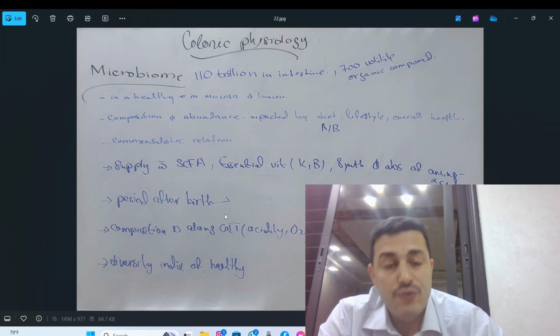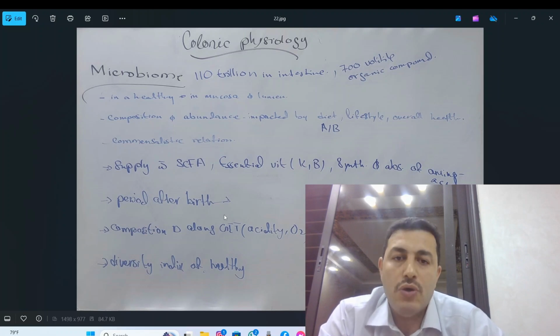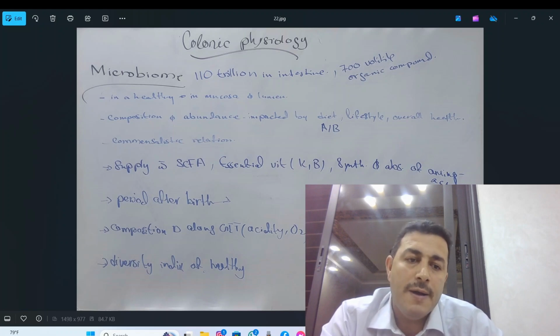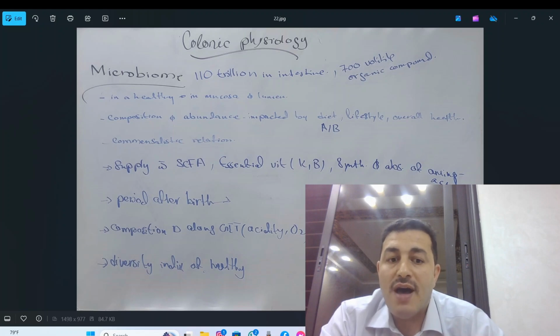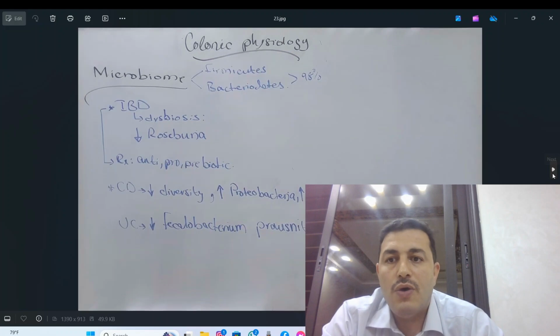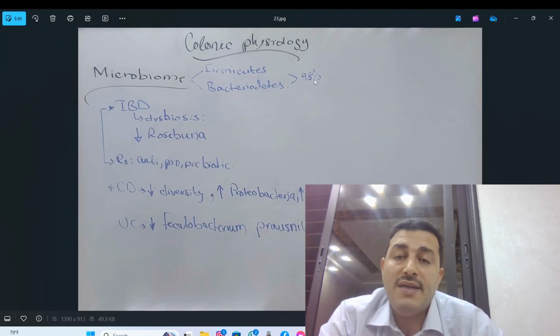It is proven that microbiome changes, which we call dysbiosis, occur with certain diseases such as irritable bowel disease, inflammatory bowel disease, colorectal cancer, and autism. We do not know if these changes are causative of the disease or a consequence of it. Of the microbiome, 98% are bacteroides and firmicutes.